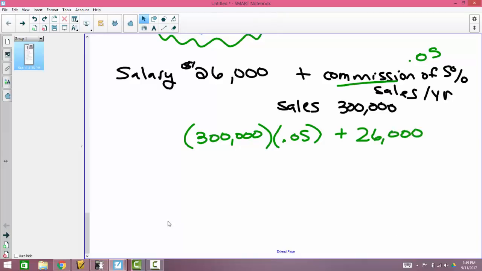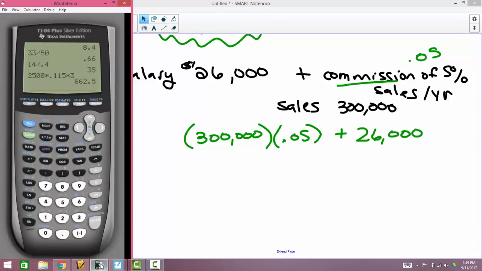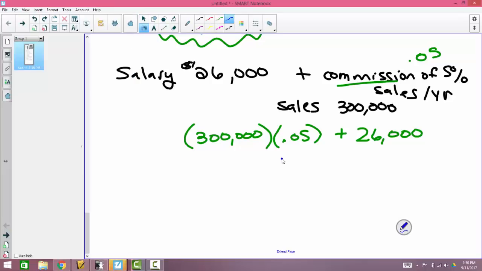So $300,000 times 5% is $15,000 plus the $26,000 is a total of $41,000. So that's how much this person would have made total.